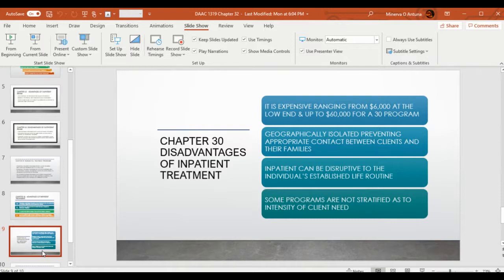And so inpatient care can be disruptive to the individual's established life routine. You can't go to your job, you can't go to your school, you can't see your family on a regular basis, you can't complete your obligations.